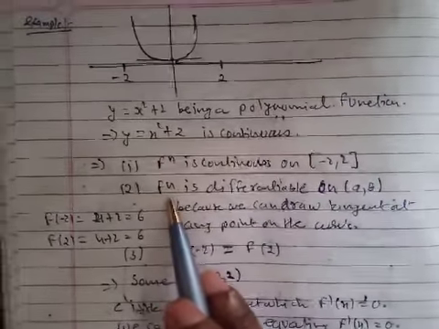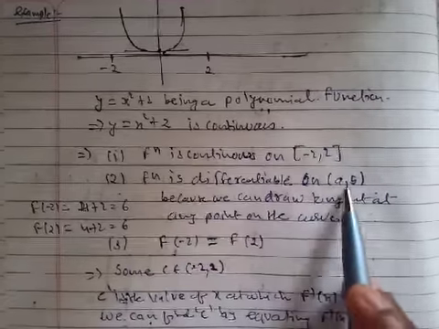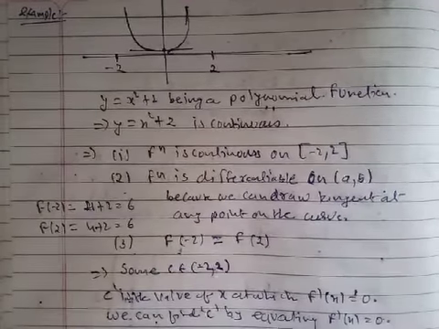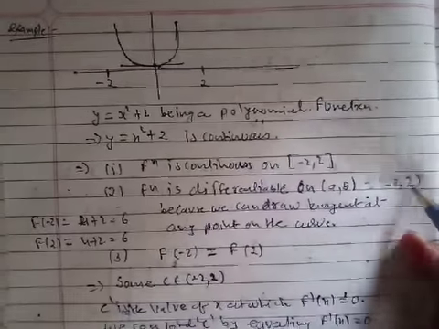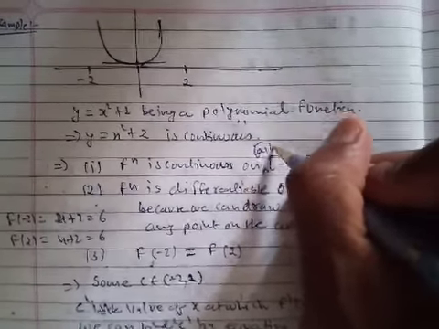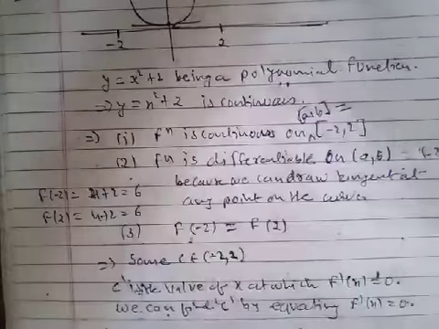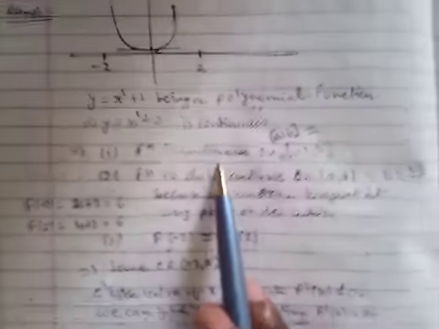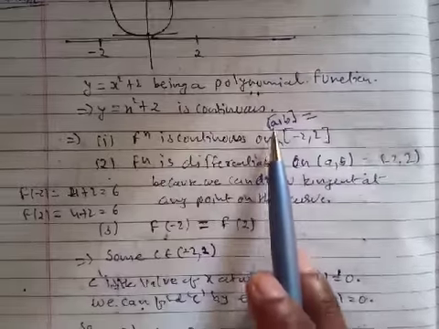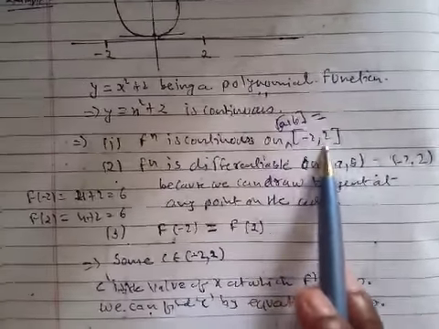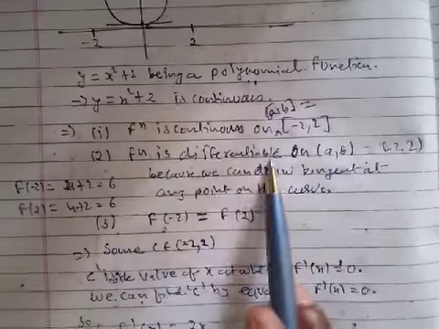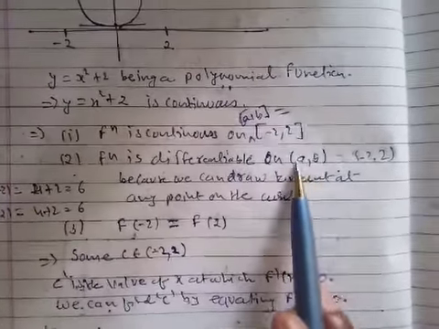Second condition: the function is differentiable on the open interval ab, where a is minus 2 and b is 2.